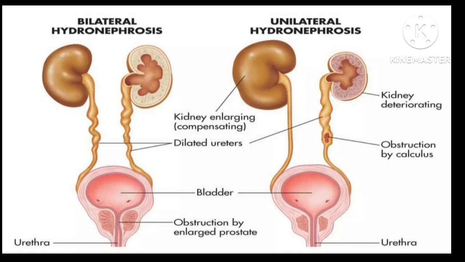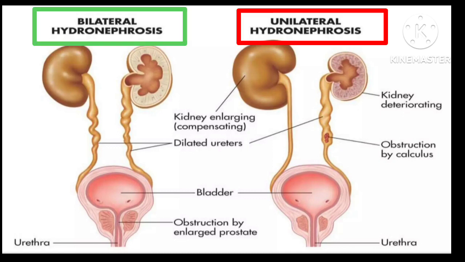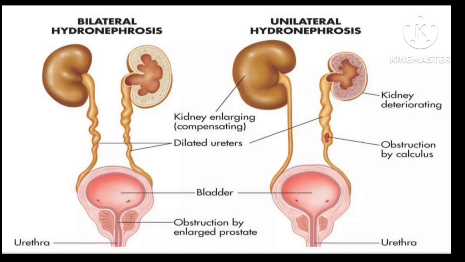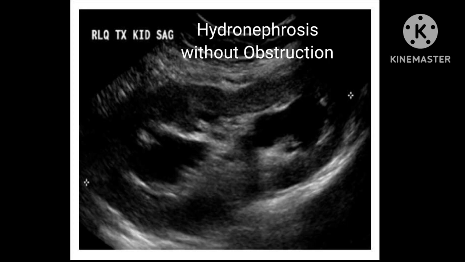The presence of hydronephrosis or hydroureter can be physiologic or pathologic. It may be acute or chronic. It may be unilateral or bilateral. It can be secondary to obstruction of the urinary tract, but it can also be present even without obstruction.